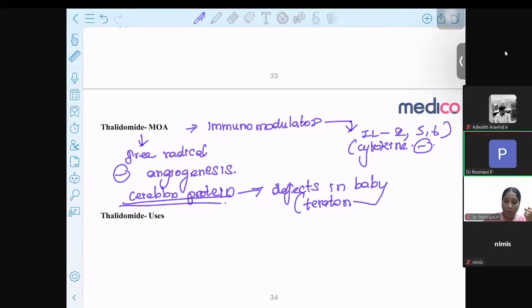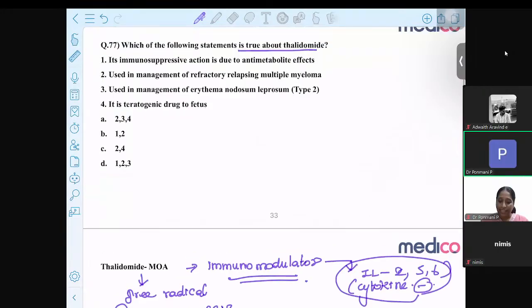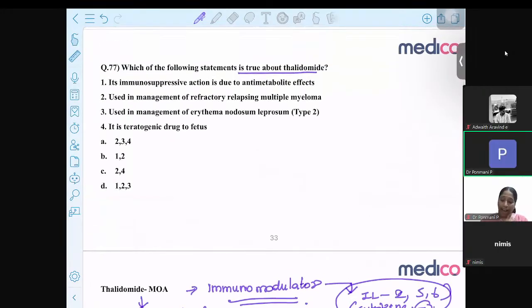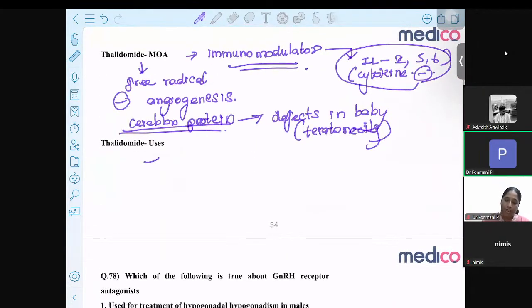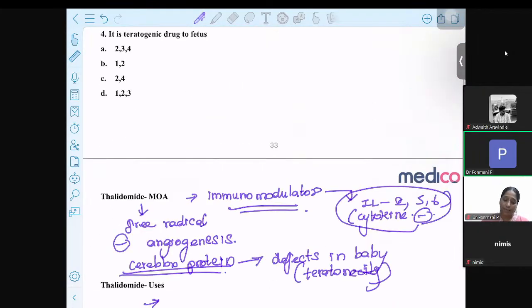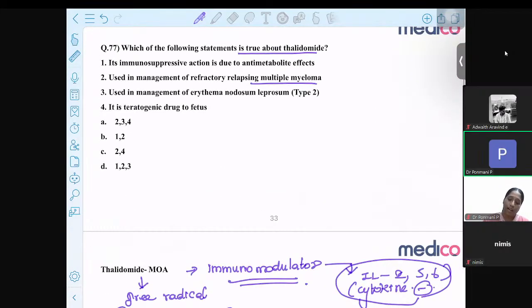Okay. Now, thalidomide is used as an immunomodulator because of all this, because it reduces the cytokine production and it decreases the TNF. And thalidomide is used in conditions such as multiple myeloma and also in type 2 erythema nodosum leprosum, the type 2 lepra reaction.